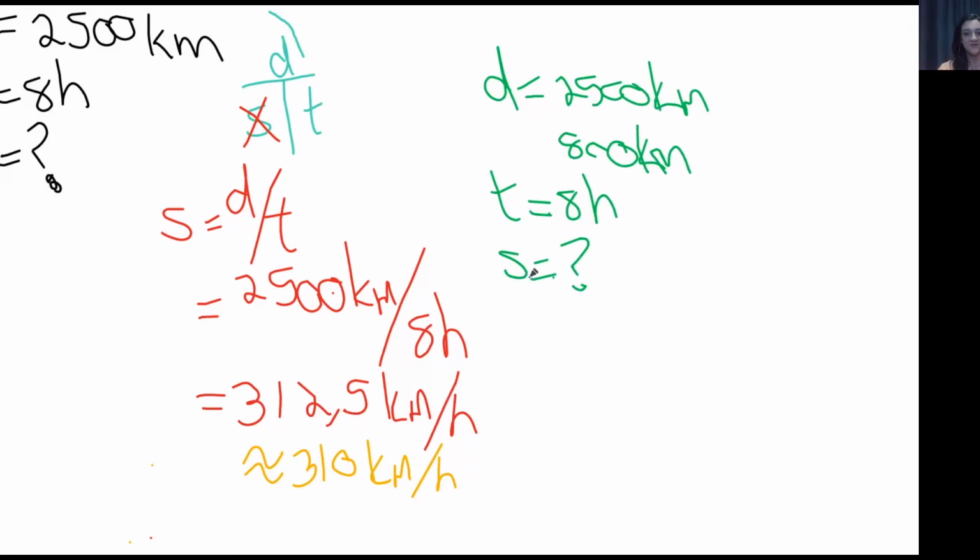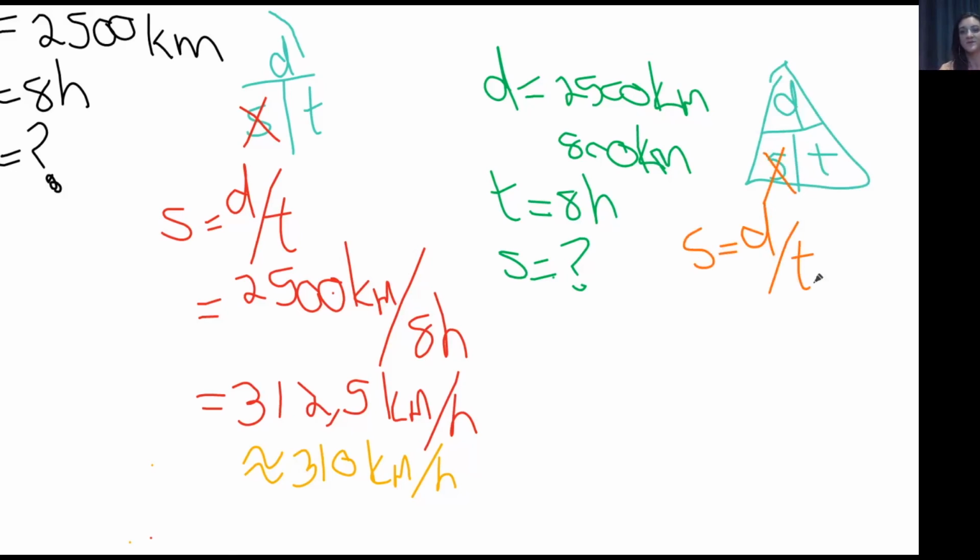So we redraw and redo our formula triangle, because we always have to put our formula so that we make sure we know what's going on. That means we're still looking for S, and S equals D divided by T.